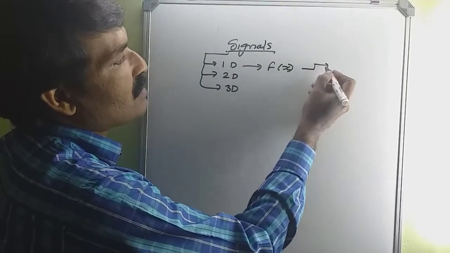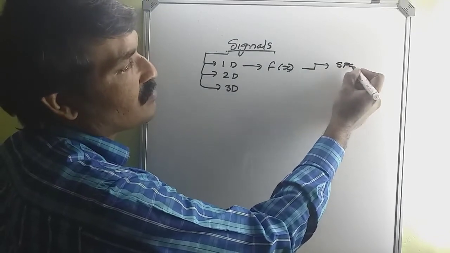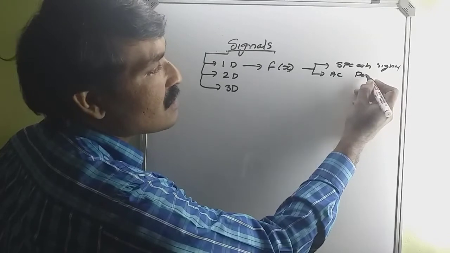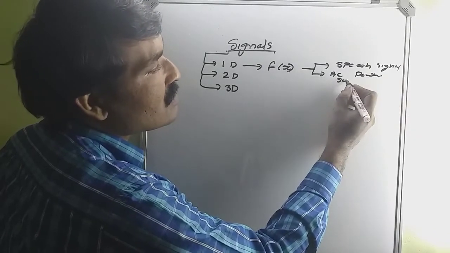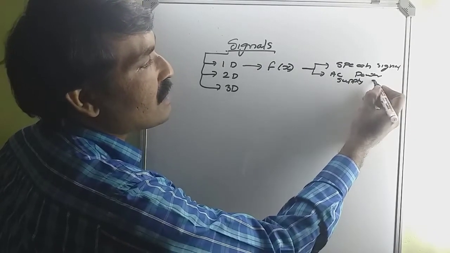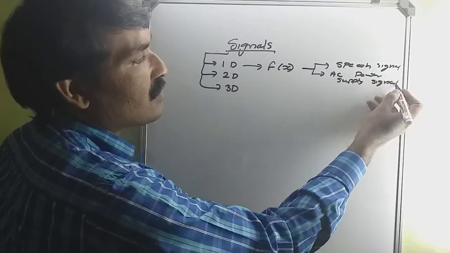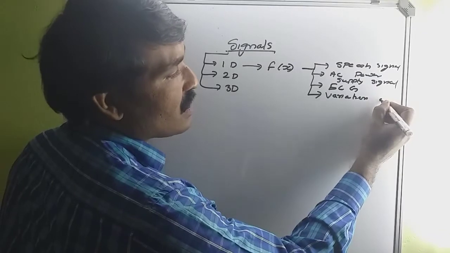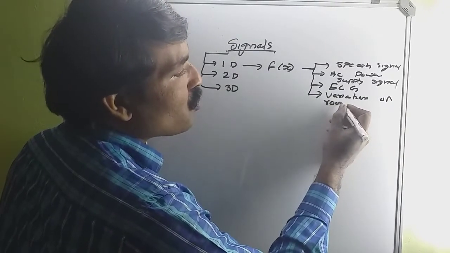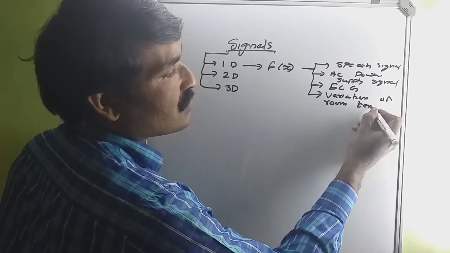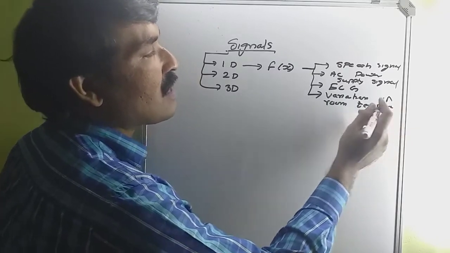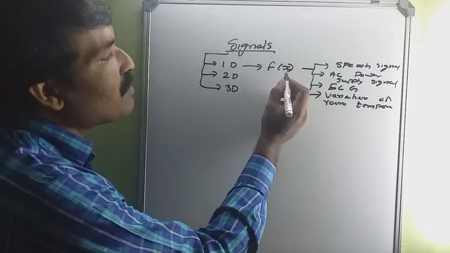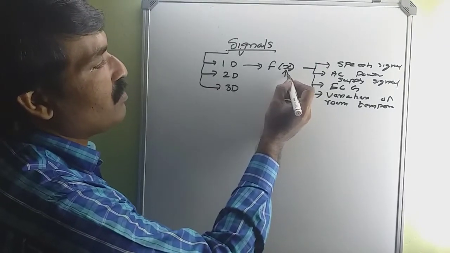For example, speech signal, AC power supply signal, ECG signals, variation of room temperature, etc. are examples of one-dimensional signals. So it depends only on one variable.